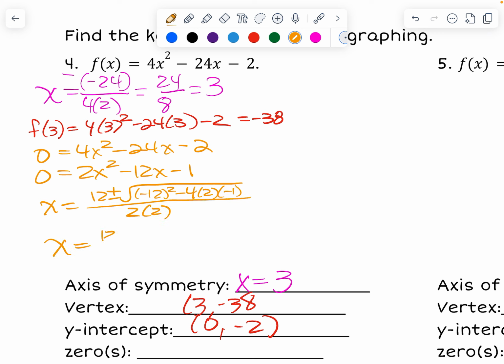I would get 12 plus or minus the square root of 144 plus 8 all over 4. Okay, so I get x equals 12 plus or minus the square root of 152 over 4.